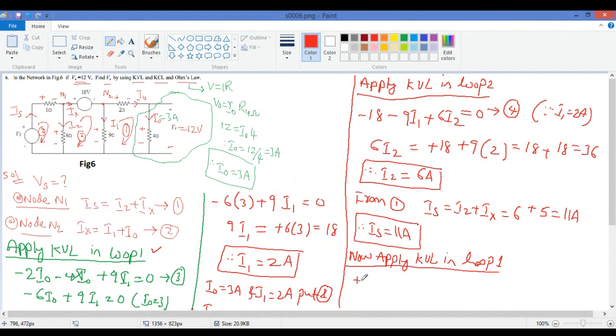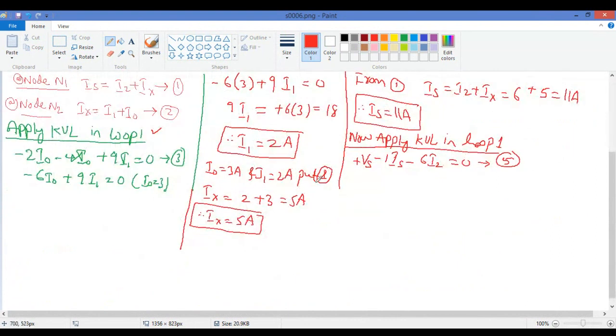So I write plus Vs. Then Is is leaving from negative, minus 1 into Is, minus 1 Is. And here Ix is moving, minus 6 I2, minus 6 I2 is equal to 0. So I will call this equation 5.